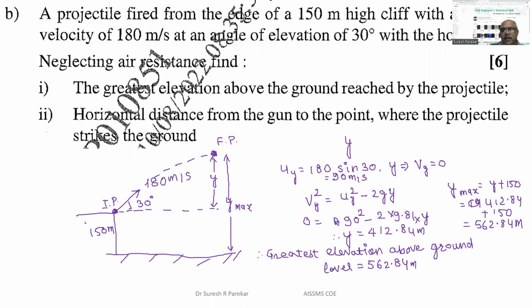Now what is next? Horizontal distance from the ground to the point where the projectile strikes the ground. Now try to understand second part. So we are in this fashion. And now we have, this will be again initial position. This is 180 meter per second. Angle we have 30 degrees.